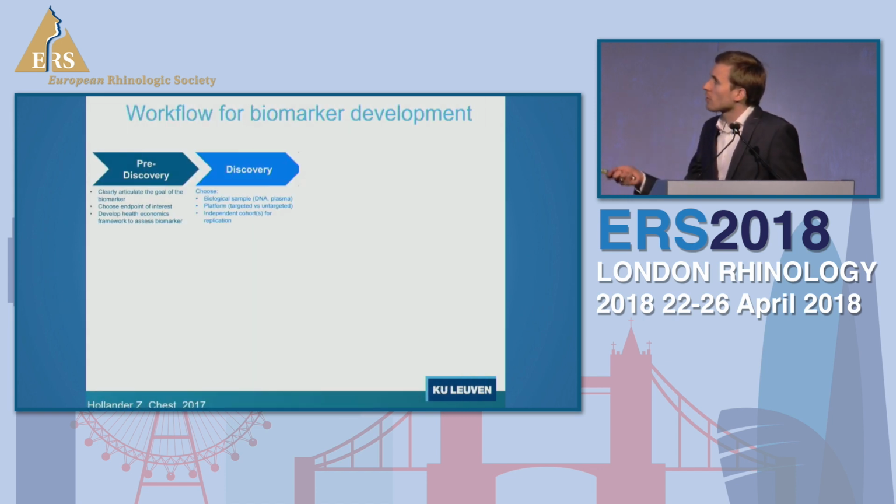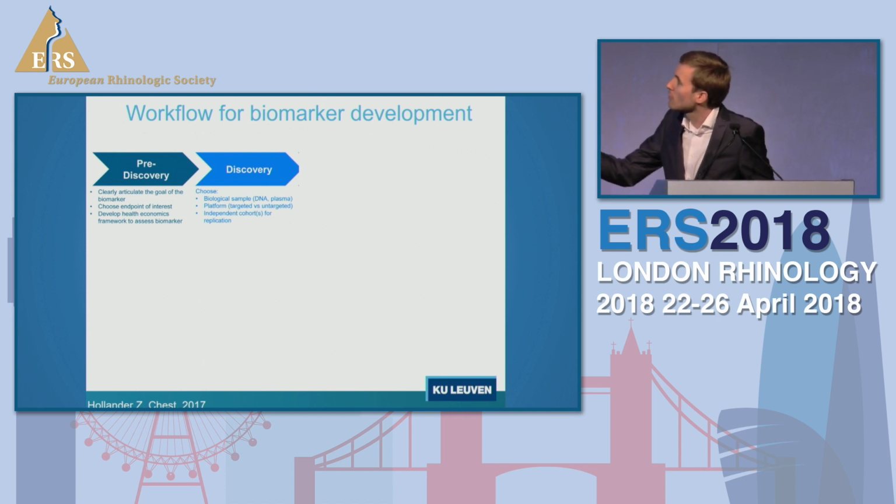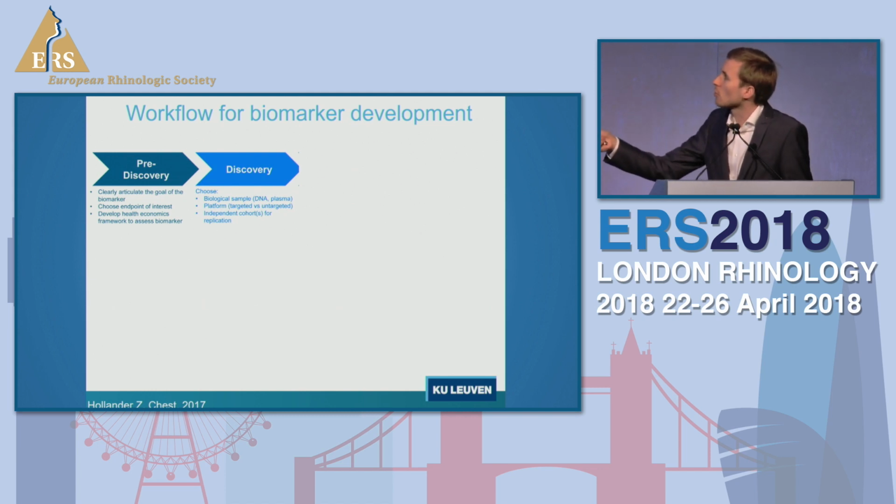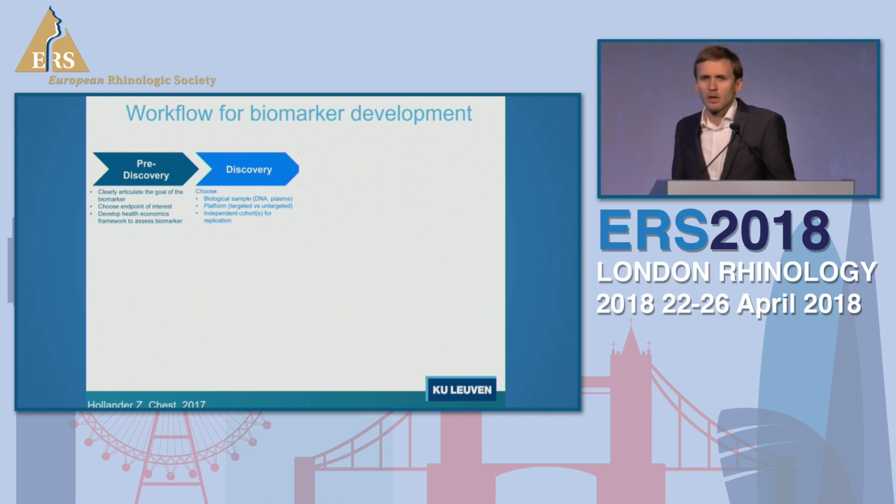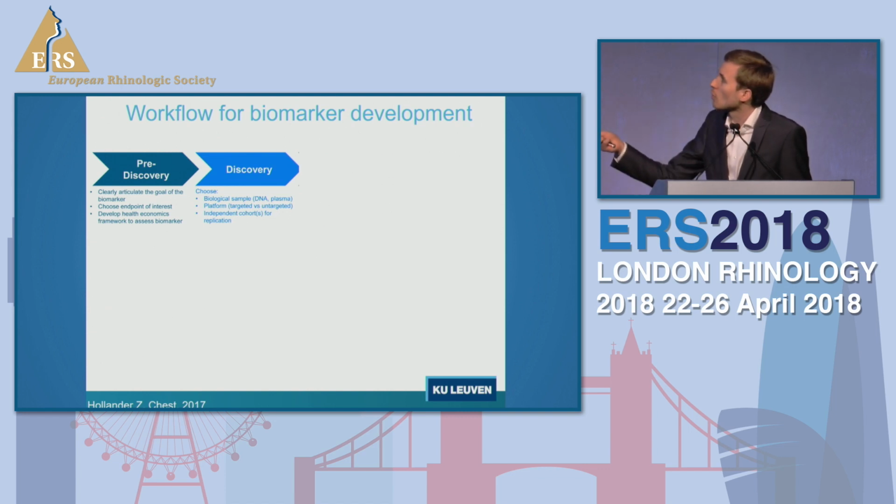So these are the first two steps in the development of biomarkers. We have a pre-discovery phase and a discovery phase, where we also need to define the biological sample. Do we want to have a biomarker in serum, in nasal secretions, in the tissue? This is something that needs to be considered, and also replication in independent cohorts.